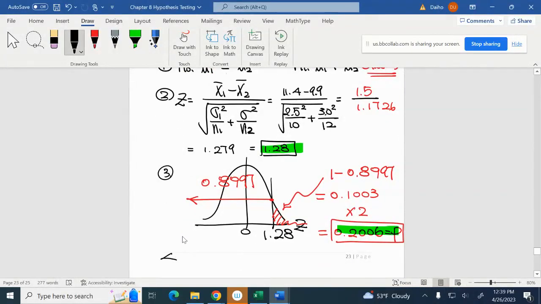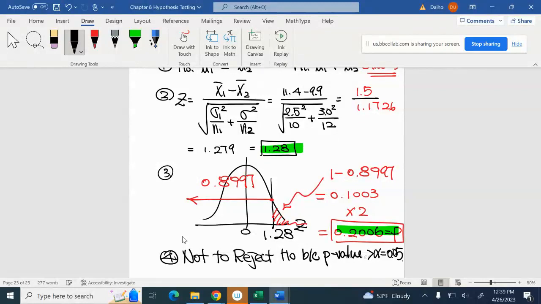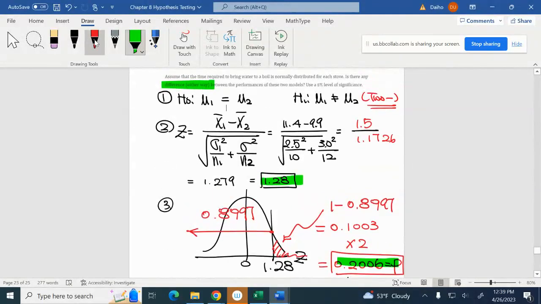I have to make the conclusion: do not reject H0 because the p-value is bigger than alpha, which was 0.05. Then now I have to interpret the null statement.